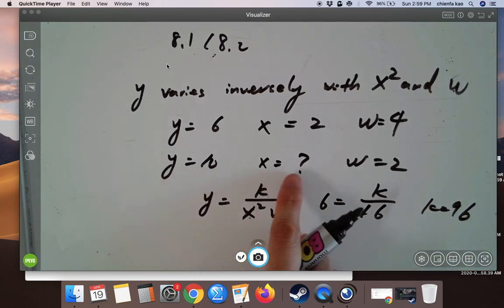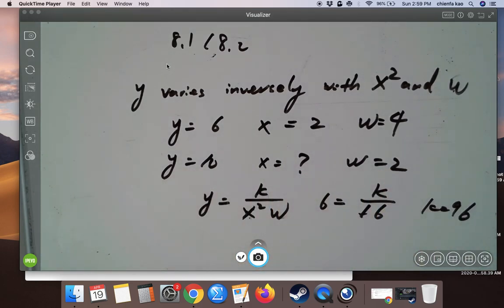Now let's find X when you have Y and W. So this is 10 equals 96 over X squared times 2.